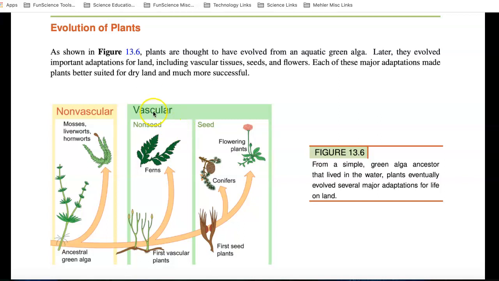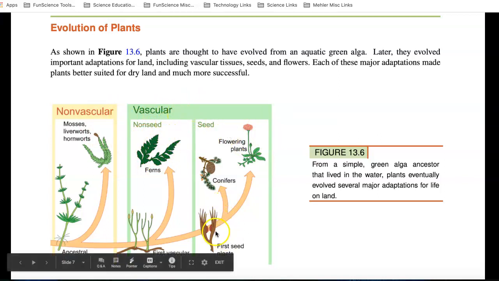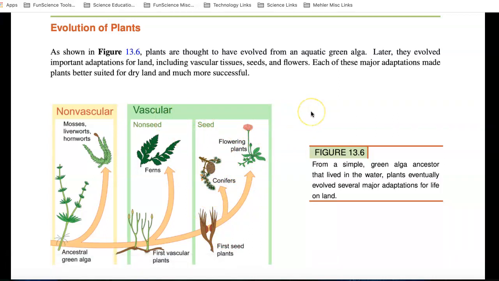First there were vascular non-seed plants like ferns, and then there were seed plants, like conifers, cone, and flowering plants. So the rest of this section, we're going to be taking a look at the evolution of plants and what things became possible for plants to take over more and more of the land.